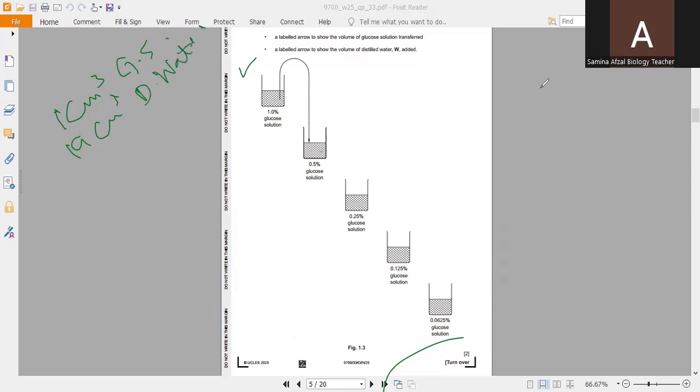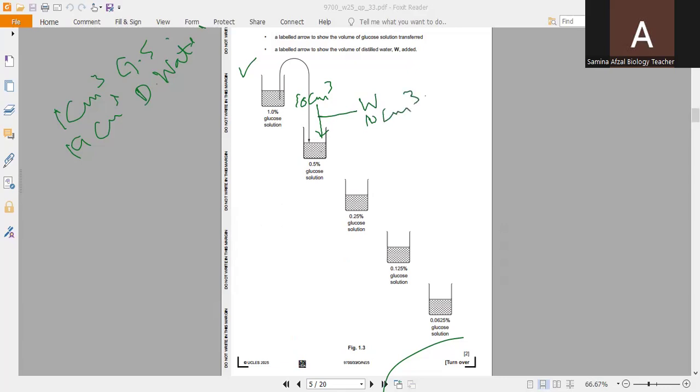So in the next, which is half of this 1%, that is 0.5% glucose solution, we have taken 10 cubic centimeters of glucose solution, and in this we will add W, that will be 10 cubic centimeters.